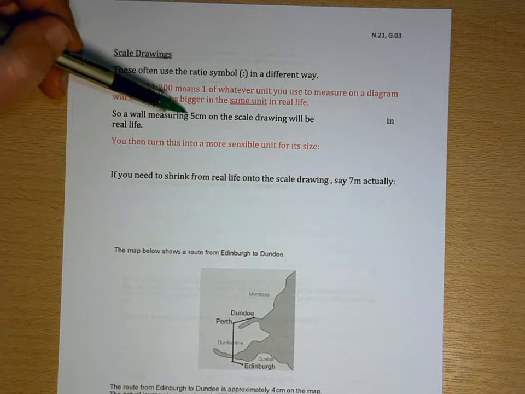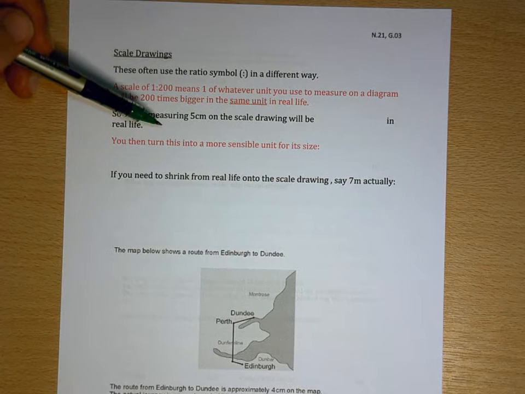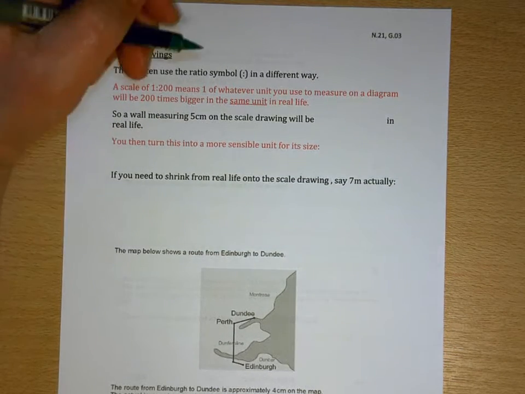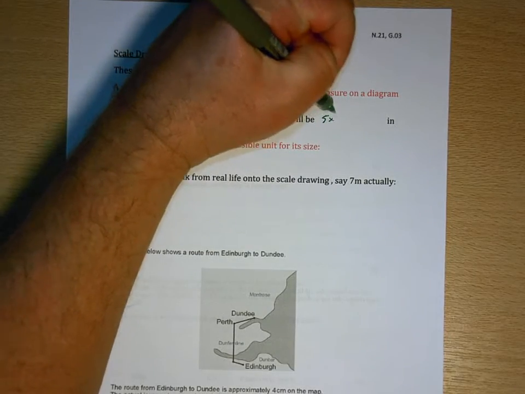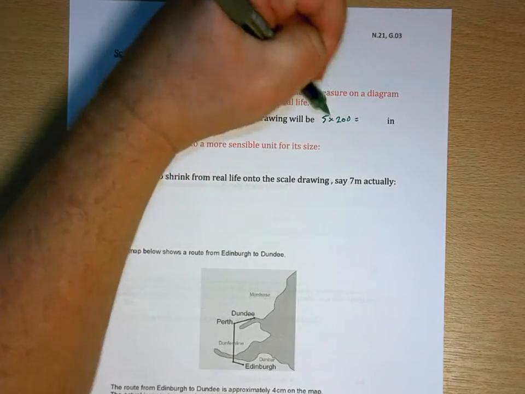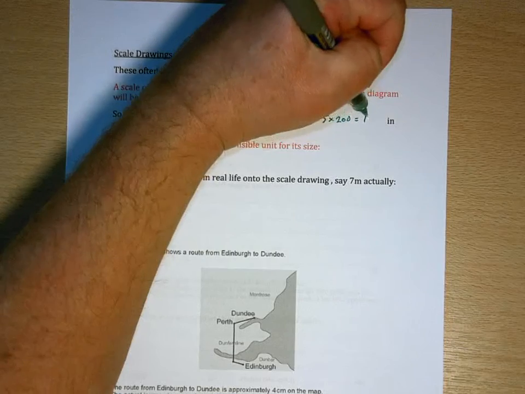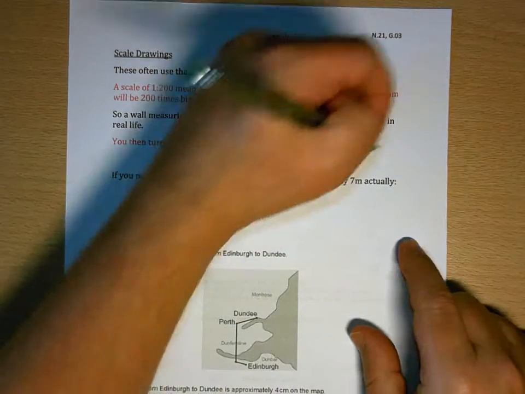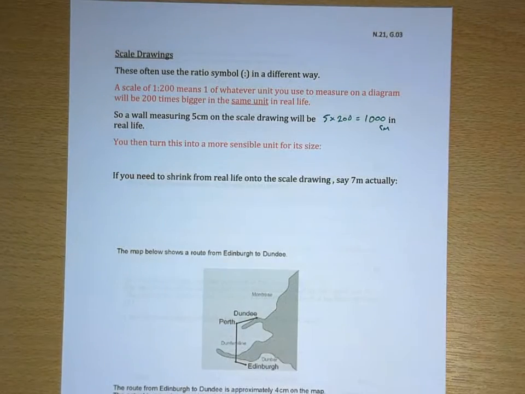So if you've measured a wall 5 centimeters on a scale drawing, it'll be 200 times bigger in real life. So it'll be 5 times 200, which is 1,000 centimeters in real life.